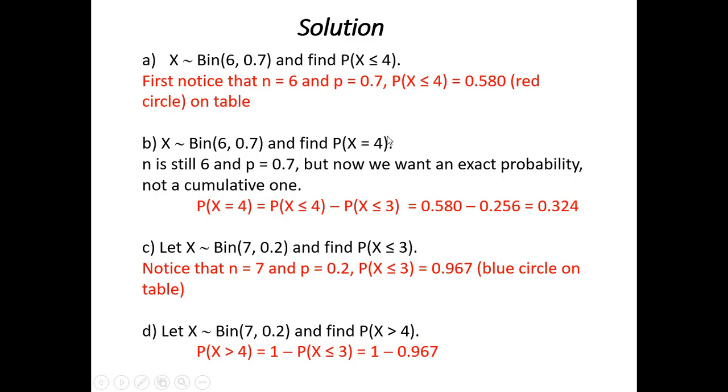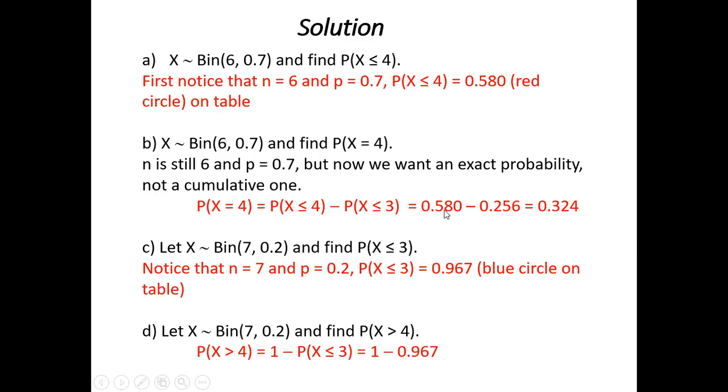In part B, we want to know the exact probability that x is equal to 4. Okay, so now if we want to do this using the table, we can, but we just have an extra step. The idea is we look at the cumulative probability where x is less than or equal to 4 and subtract off the cumulative probability where x is less than or equal to 3.